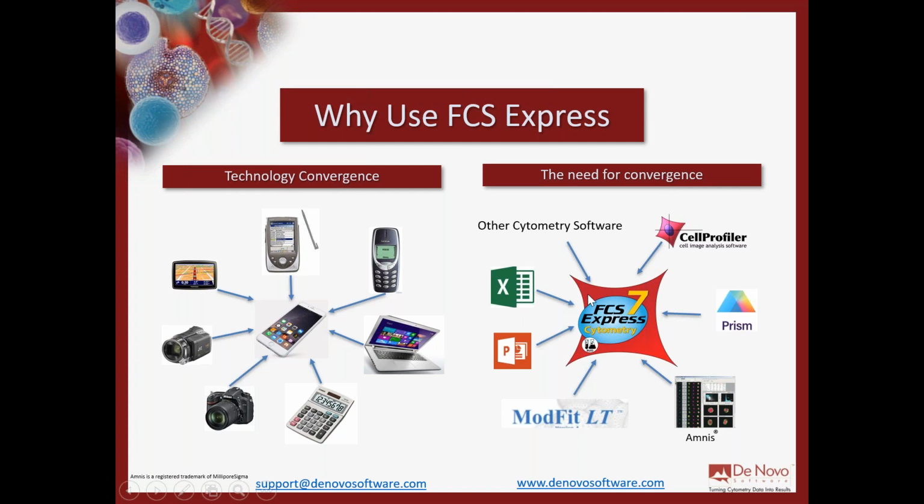But all of these technologies kind of have that same type of thing where you would perform one task: you take a picture with a camera, you take a video with a video camera, a GPS, and right now everything is kind of condensed into a smartphone, and that makes life very, very convenient. And that's also kind of where we're at with the need for convergence with flow cytometry data analysis. It's probably something you heard a little bit from Chris in the previous talk as well.